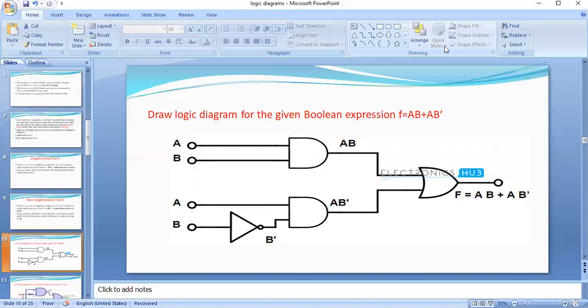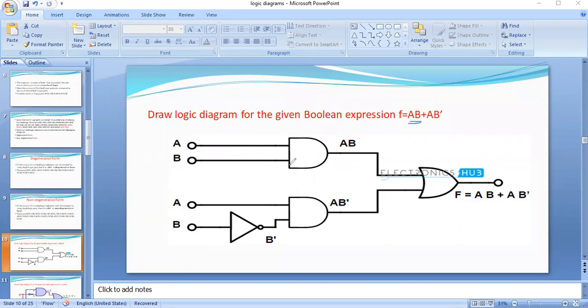AB means the operation between A and B is the dot operation, so we have to draw an AND gate.